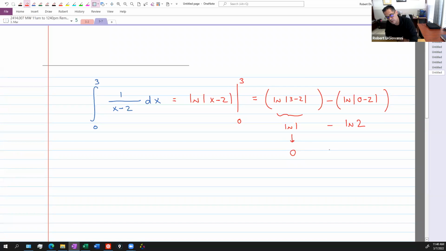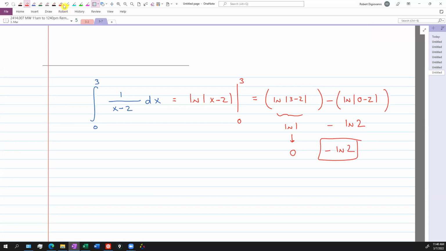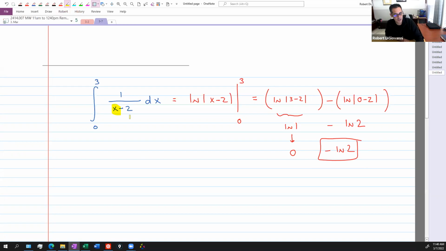Natural log of 1 is 0. So you might tell me that the answer is negative natural log of 2. And you'd be wrong, right? Why are you wrong? Because there's a hole. Yeah, because you have a discontinuity at 2, right? And 2 is between 0 and 3. You missed it. And so you did all this and it's all wrong.